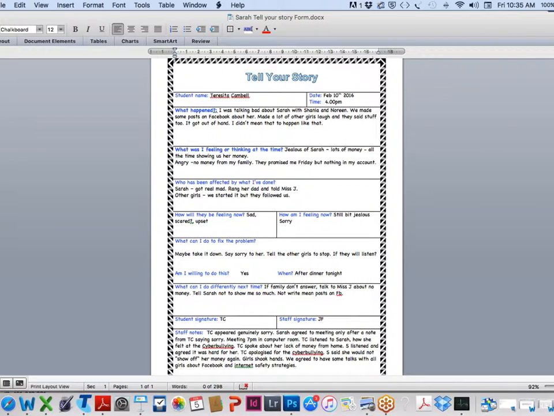We talk about what happened, what she was feeling and thinking, who's been affected by what she's done, how they'll be feeling, how she's feeling now, and then the main point is getting to what can I do to fix the problem, and is she willing to do this? And we actually get a commitment that she's willing to do this. When's she going to do it? Well, she's going to have that meeting with Sarah, if Sarah's in agreement, after dinner tonight.